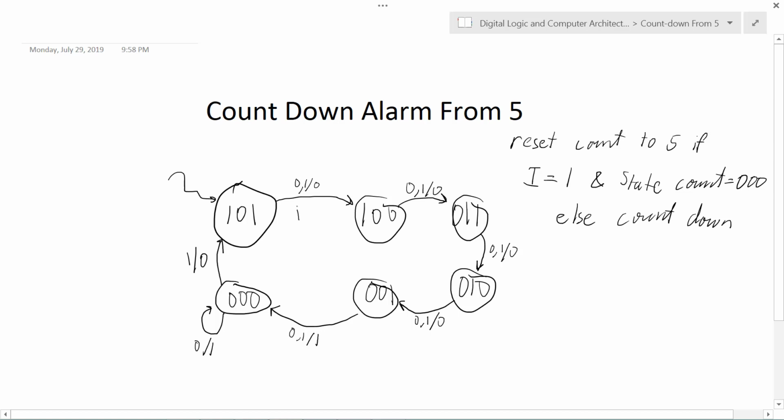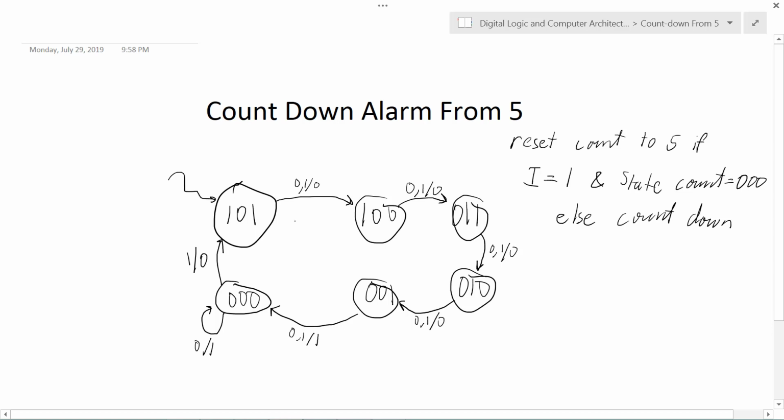This notation here is shorthand for saying that we have one edge, input 0, output 0, and a second edge, input 1, output 0. So this edge represents these two edges here. Let's remove these two edges so we have the shorthand notation for this state machine.